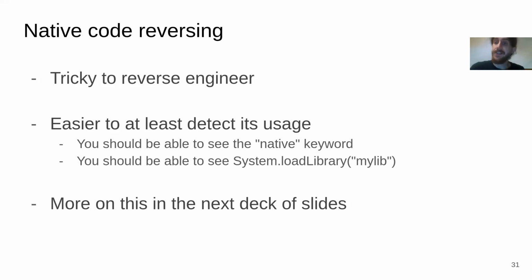Again, what this native is, we're going to see next time. And you're going to see calls to System.loadLibrary that somehow loads the native code library. Okay. Again, I have more things later on, but of course you cannot just grep for loadLibrary. Why? Because this method could be obfuscated. So maybe they're calling loadLibrary through reflection. And so if you just grep for this, you're not going to find it. Okay, so keep this in mind. We have more slides later on.